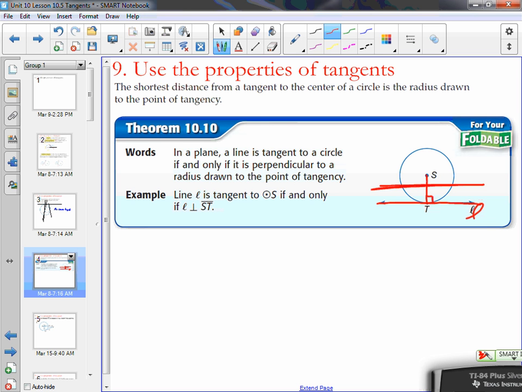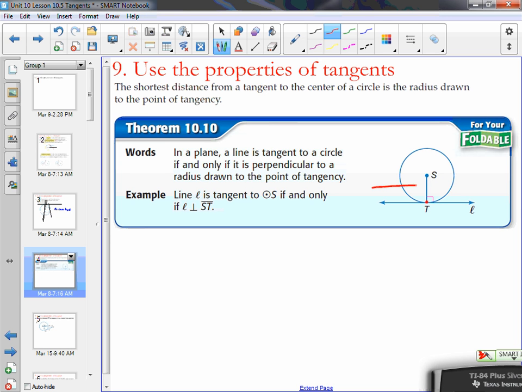You follow me? And then vice versa. If you know already that line L is a tangent, when you draw it and you draw a radius to it, the radius must be perpendicular. So, if you see that the radius is perpendicular to a line, it's a tangent line. If you see a line's a tangent line and a radius intersects it, the radius is perpendicular to it. Now, all of this, though, you got to remember, it's got to intersect at a point on the circle.